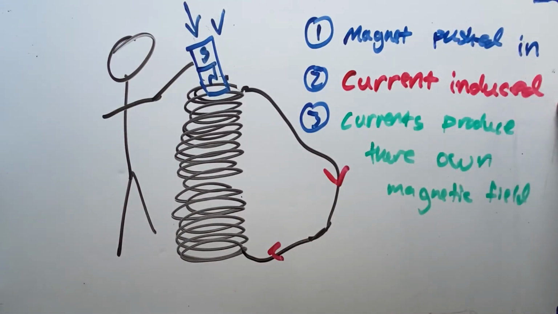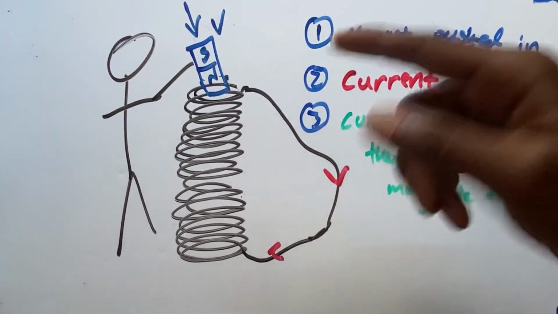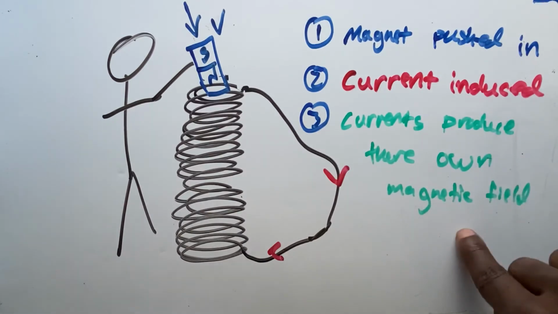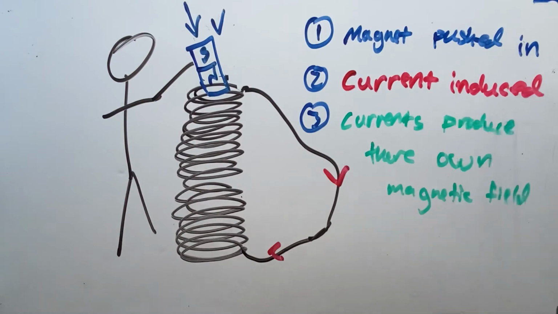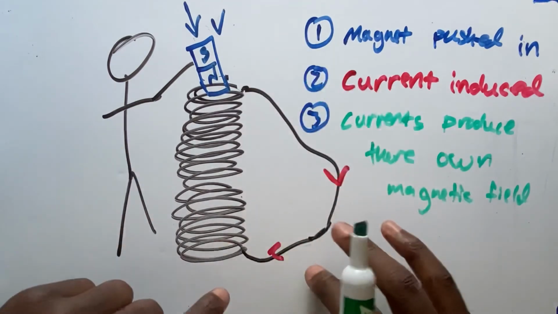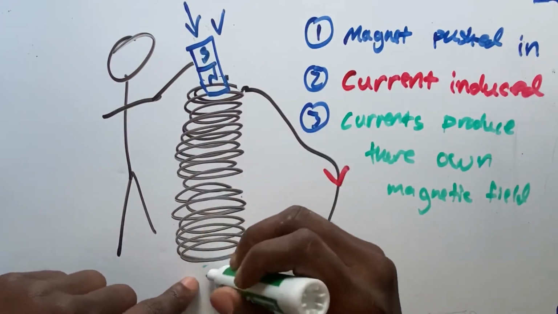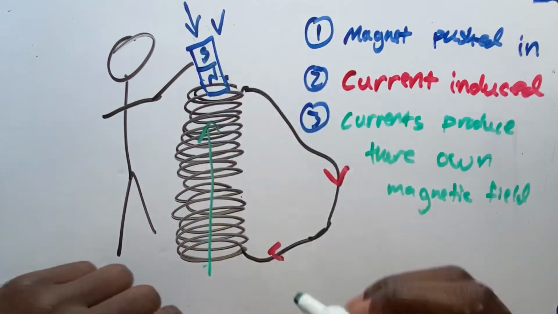This induced current also produces an induced magnetic field that's made by the current. So now we have a magnetic field inside of this loop here going upwards in this direction.